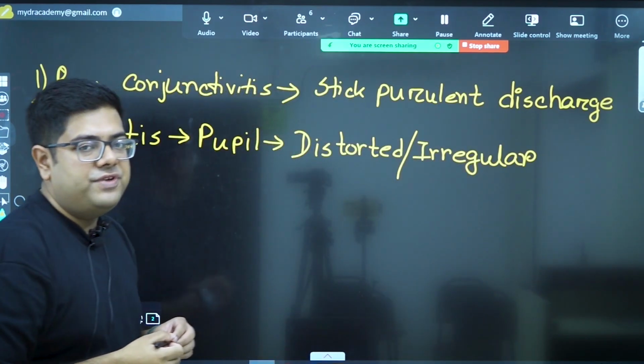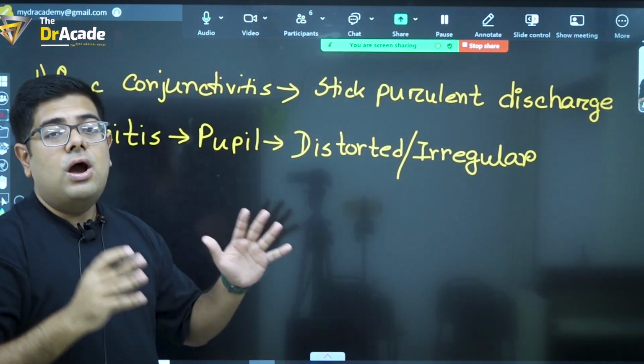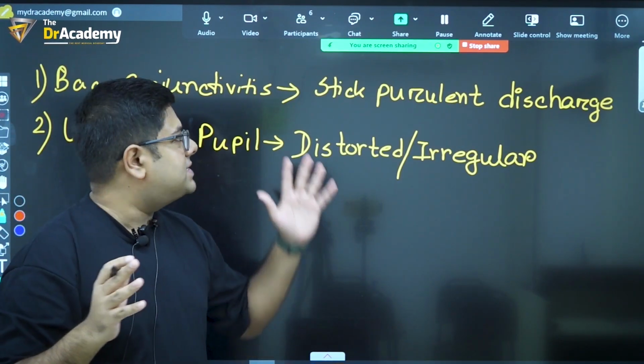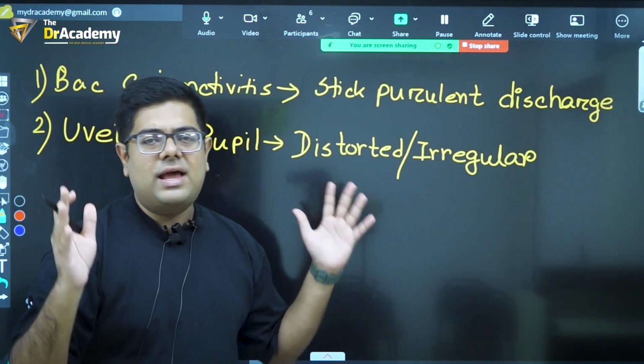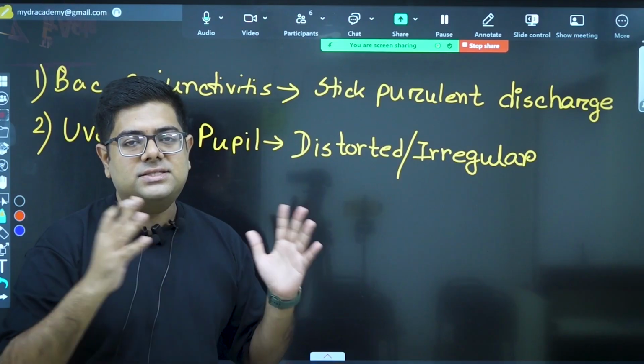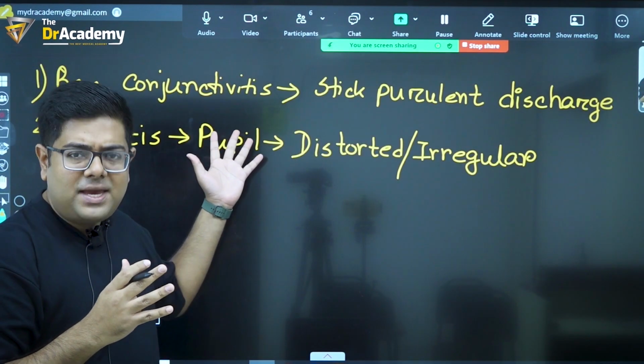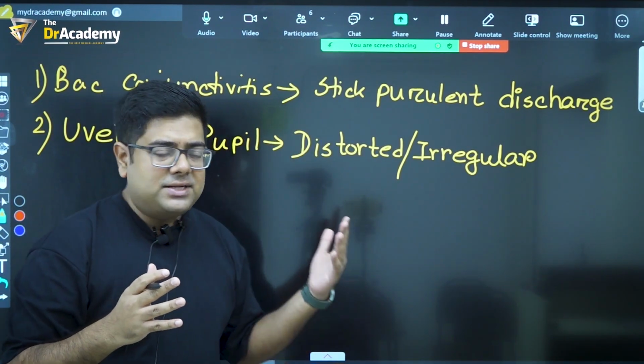Acute anterior uveitis. These are the clinchers. All other symptoms are same: red eye, pain. You will have these in uveitis, glaucoma, might be in keratitis.